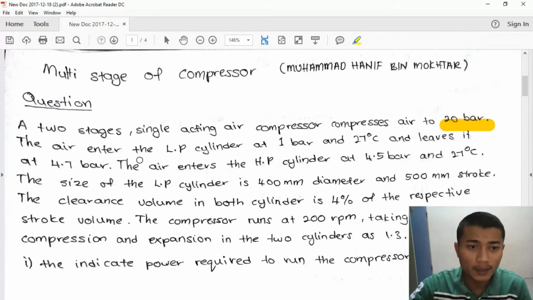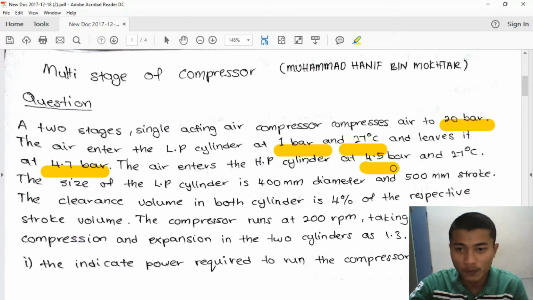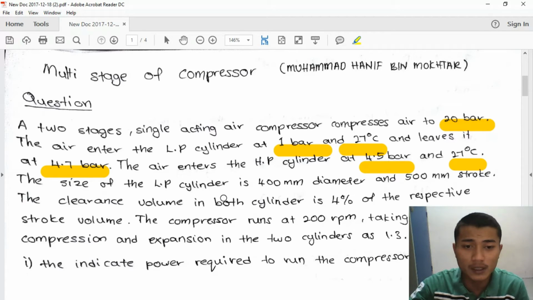The air enters the LP cylinder at 1 bar and 27 degrees Celsius and leaves at 4.7 bar. The air enters the HP cylinder at 4.5 bar and 27 degrees Celsius. The size of the LP cylinder is 400 mm diameter and 500 mm stroke.